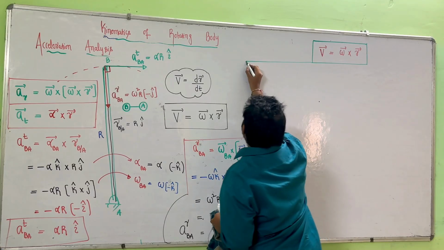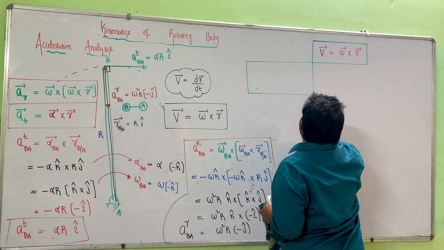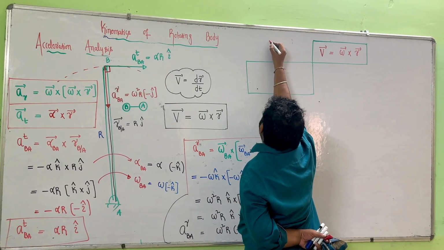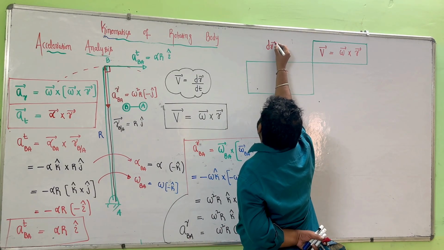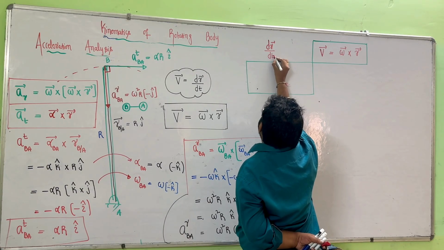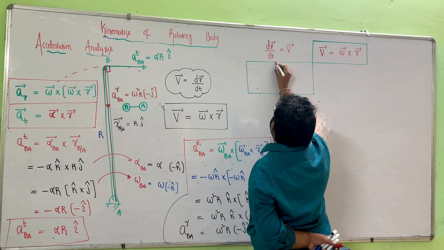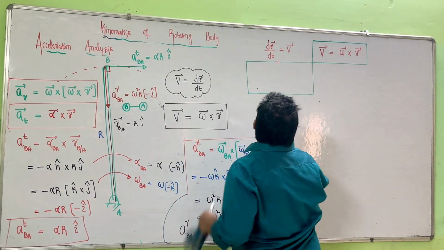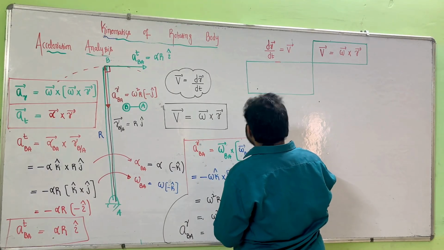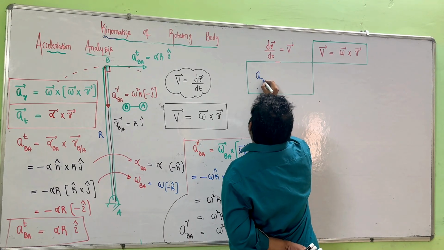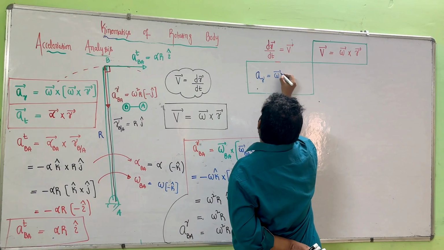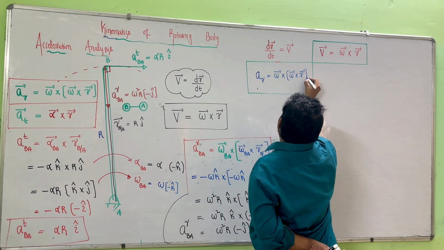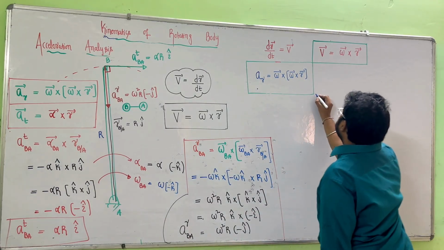From here we know that dr bar by dt is equal to v bar. Dr bar by dt equal to how much? V bar. From here radial acceleration equal to omega bar cross omega bar cross r bar.